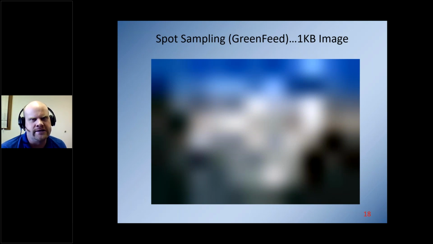So say we're measuring an animal once or twice or 3 times with GreenFeed. Overall, it's very difficult to tell what story the picture is showing us. We know that there's maybe some gray parts and blue parts, but we really have no idea what's going on with the animal just by sampling a few times.